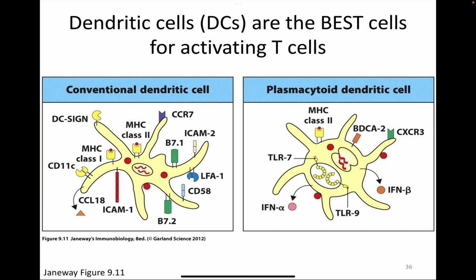So, okay, now let's think back about my hepatitis virus. Hepatitis virus infects cells of the liver, and we'll say only cells of the liver. We might be worried about my CD8 T cell response here, because who's presenting on MHC class 1 to a CD8 T cell in this situation?